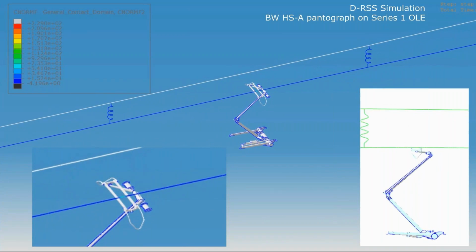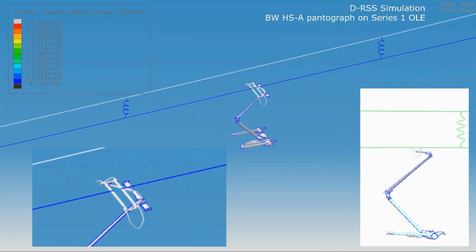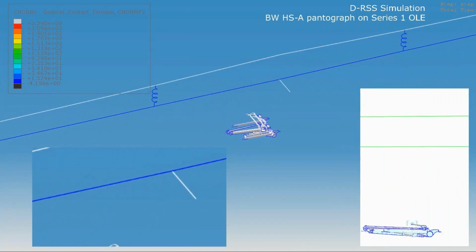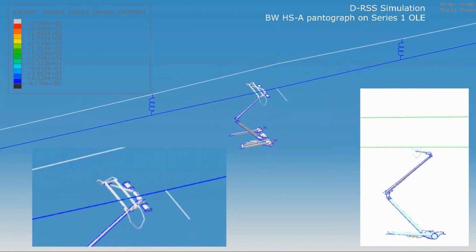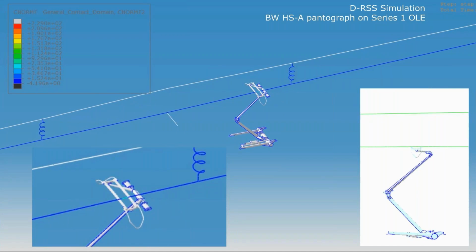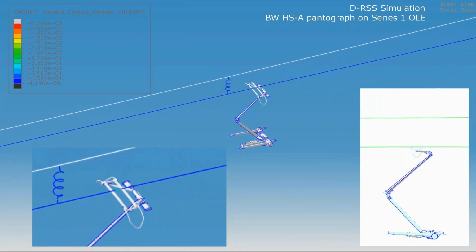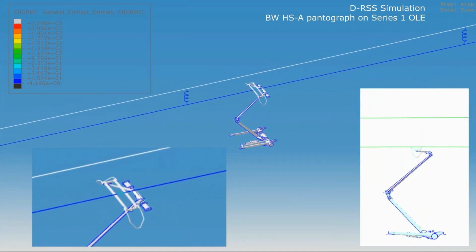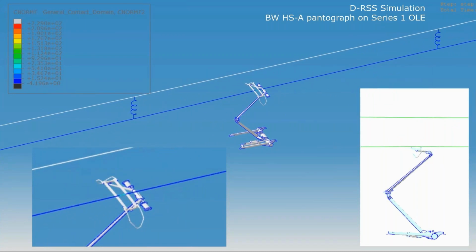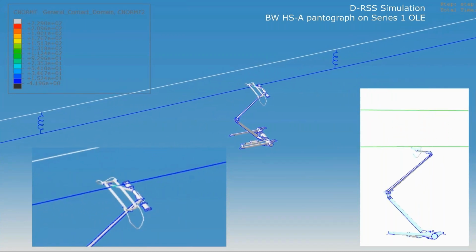So initially, we were asked to model probably the most pressing problem, which was the IETs, the Class 8xx Hitachi trains. So we were asked to model the 5-car IET with 2 pans raised at a spacing of 214 meters and take that modeling up to 125 miles an hour and see what happened.